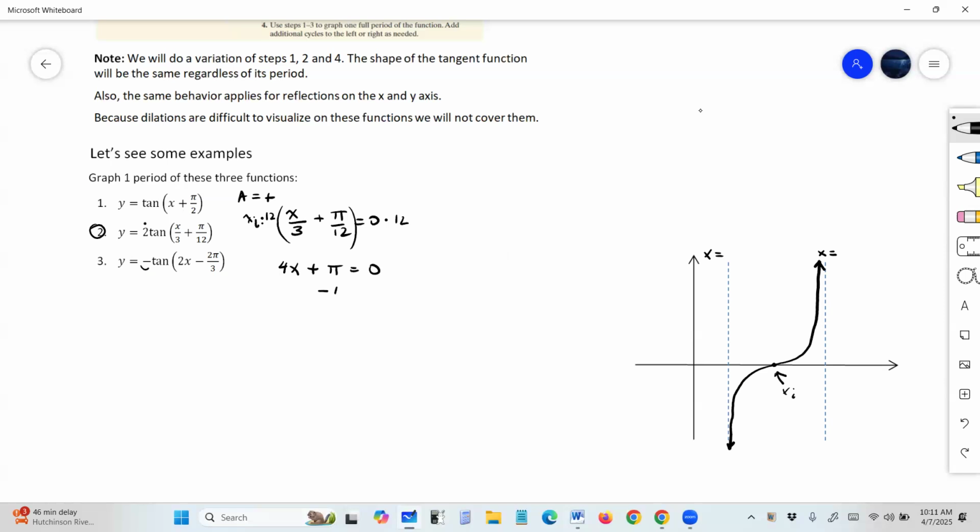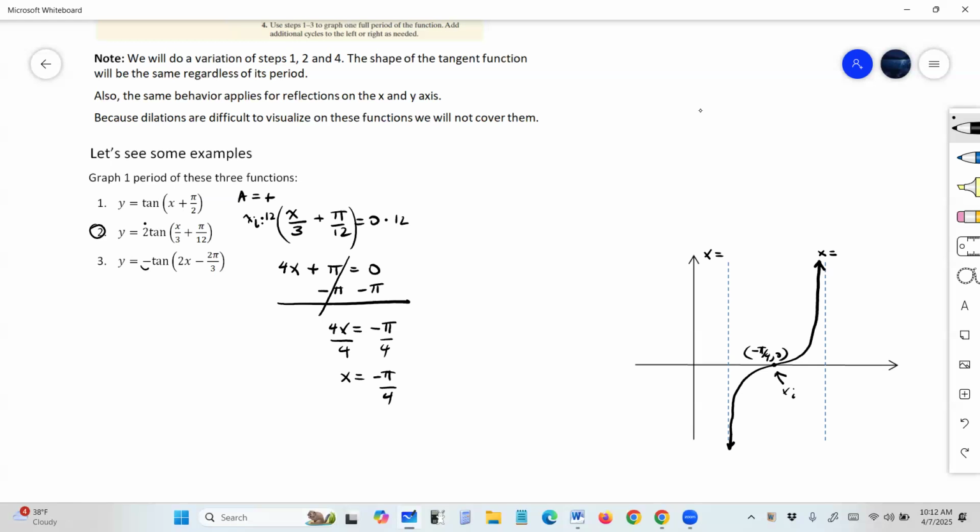Okay, so now minus pi on both sides, 4x equals negative pi, and divide everything by 4, and we get x is negative pi over 4. So the location on the x-axis here, the x-intercept, is negative pi over 4, comma 0.